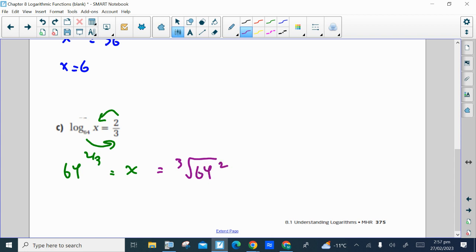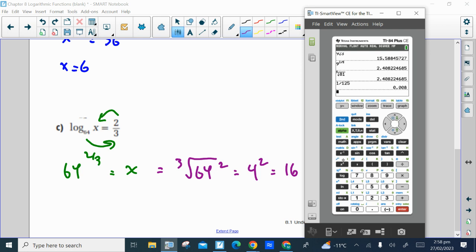A rational exponent can be written as a radical. The denominator tells you what root it is, the numerator tells you what power it is raised to. The cube root of 64 is 4, and 4 squared is 16. You can do that on your calculator, the cube root of 64, but it is 4. Yep. Number 4 in the list is cube root. Cube root of 64 is 4.